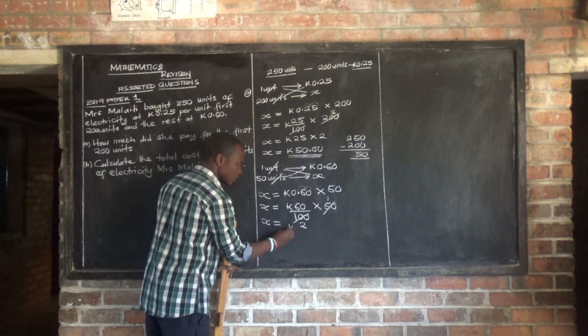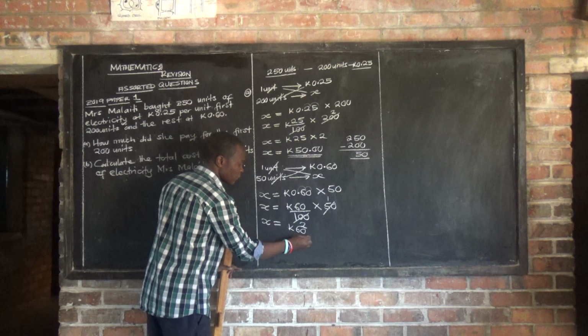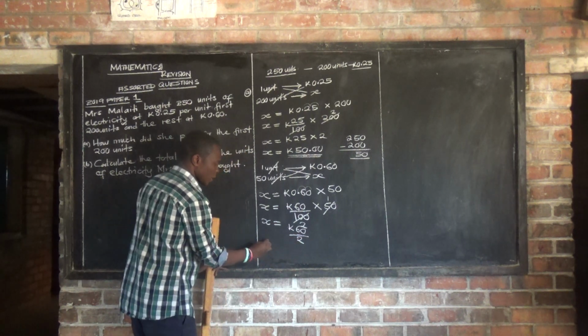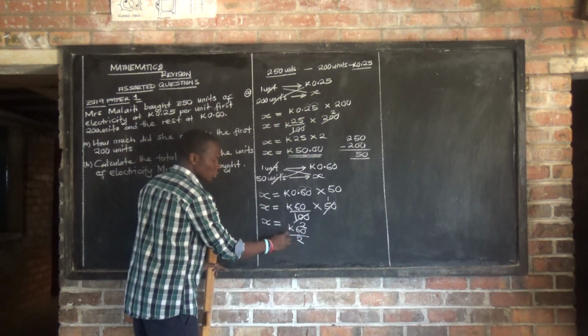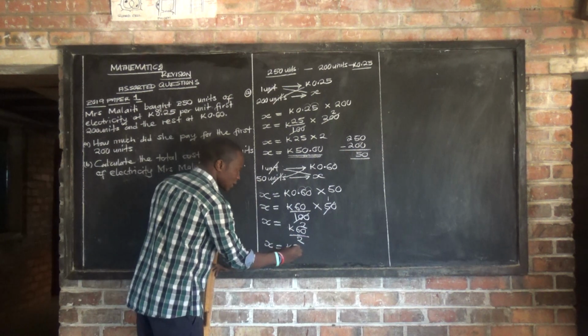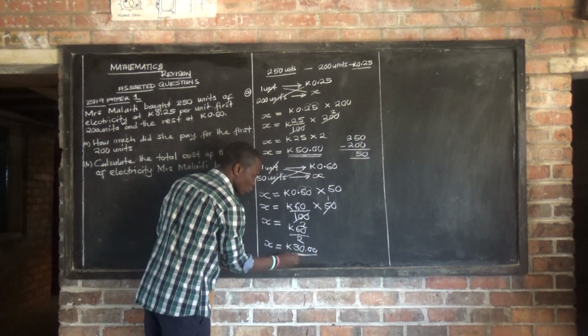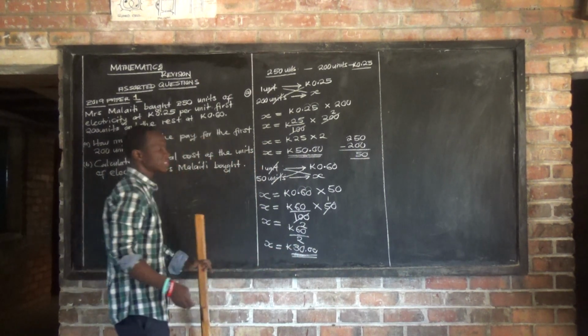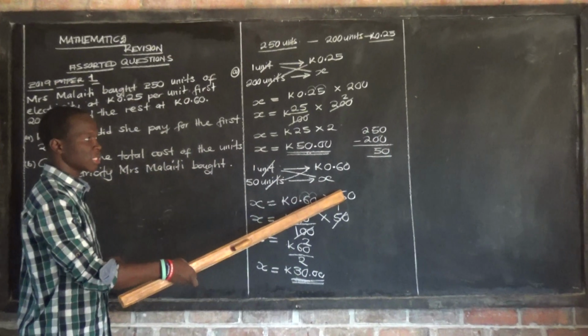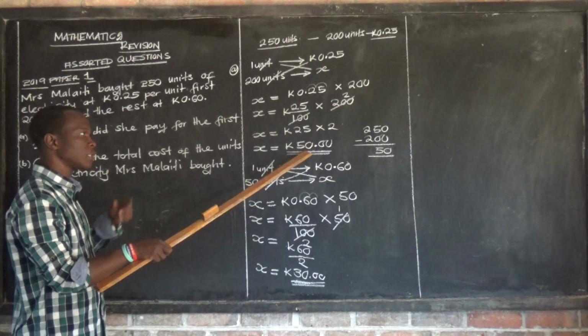So we have 60 divided by 2, so x is 30. This 30 is the amount she spent on 50 units.